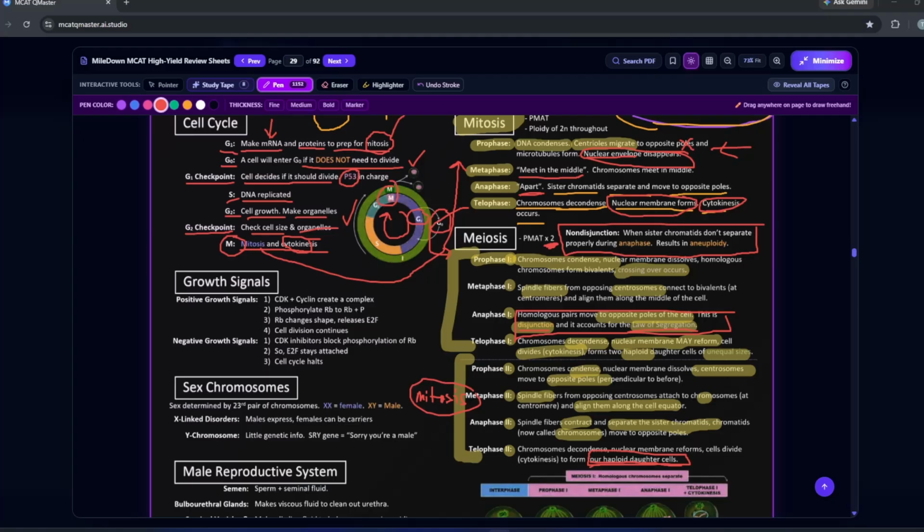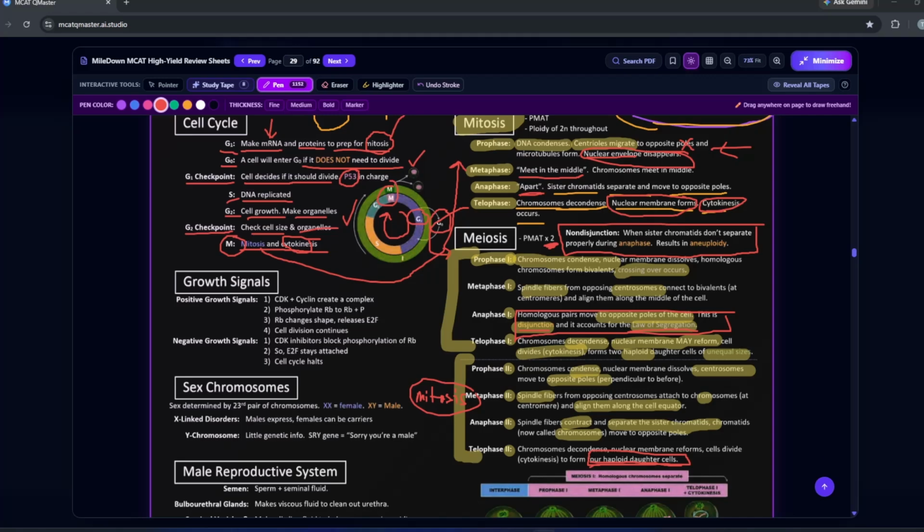Disjunction is the physical act of pulling the chromosomes apart. So it accounts for law of segregation, which is the genetic outcome where 2 alleles separate, so each gamete only gets 1, right? All right.